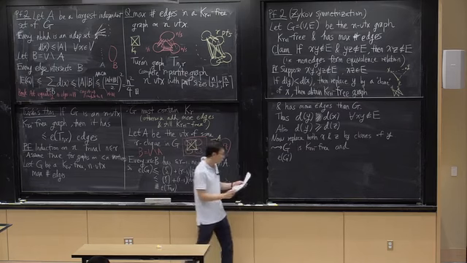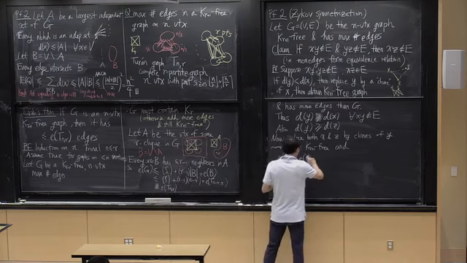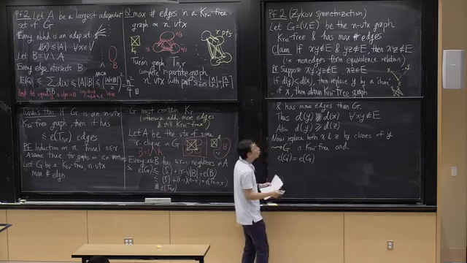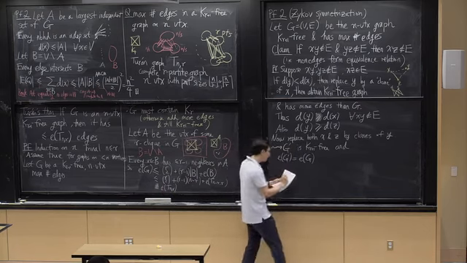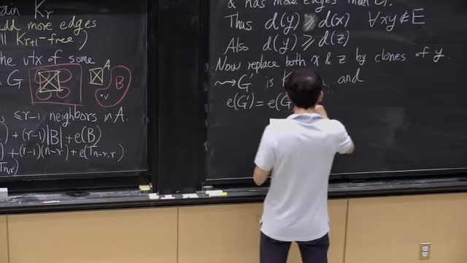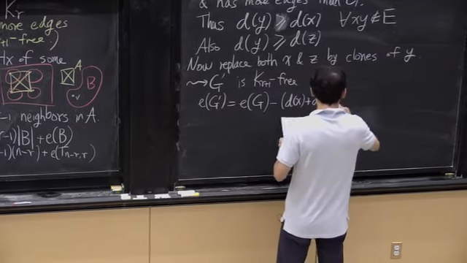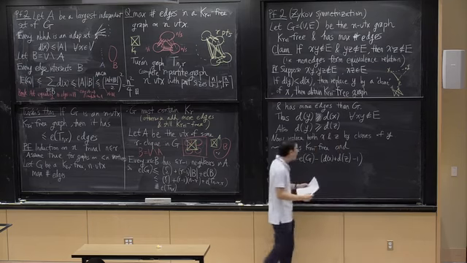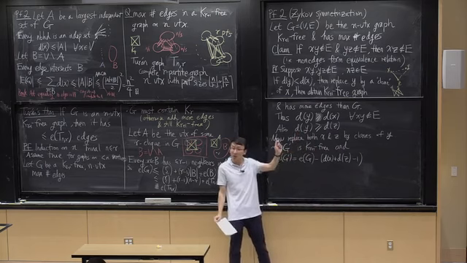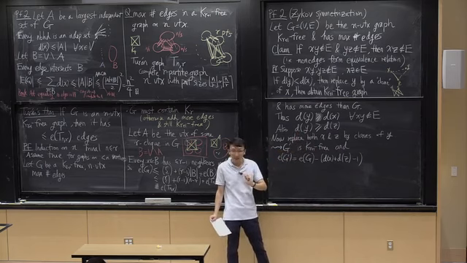So the number of edges in G prime, well, we started with G. We deleted x and z, so we deleted this many edges. Here we're crucially using the fact that there is an edge between x and z.